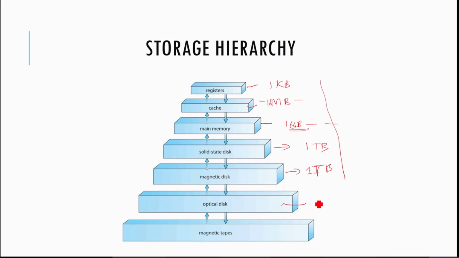And if I say optical disk, your CD or DVD, you can see we have 1 GB or 4 GB, and 1026 MB, and writable and rewritable CDs. Then there are magnetic tapes of cassettes.